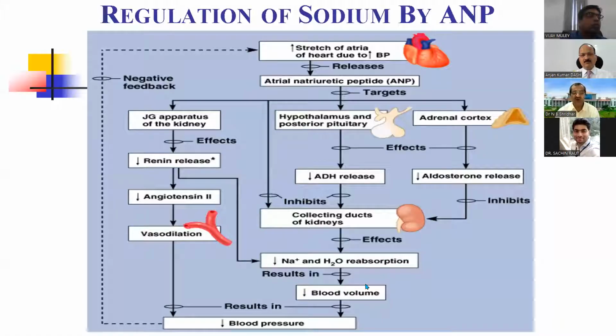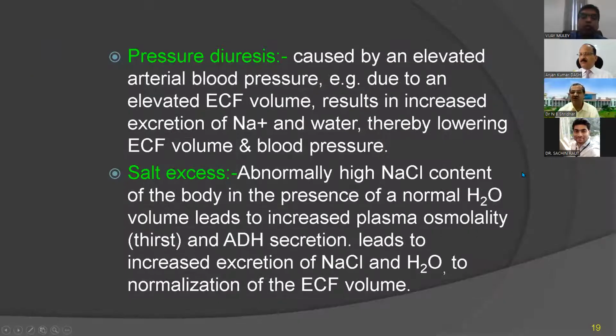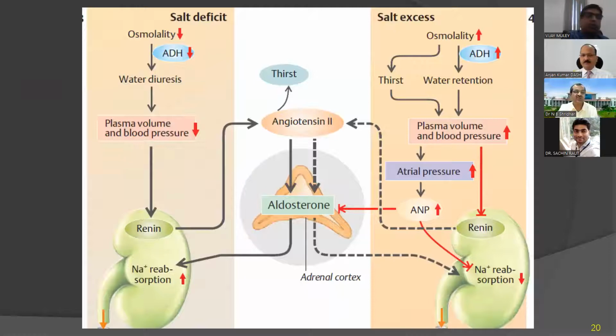So they are going to either increase or decrease the blood pressure. And of course, multiple types of hormones, certain enzymes, and certain materials are involved in the fluid and electrolyte balance. And sometimes diuresis is caused because of the osmotic pressure, because of the extracellular fluid volume, and salt excess also causes the same thing.